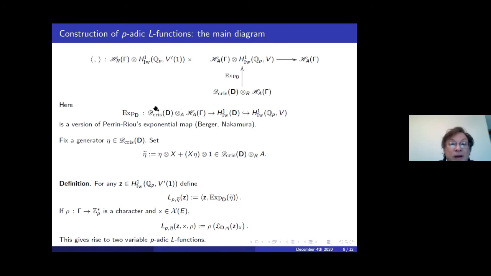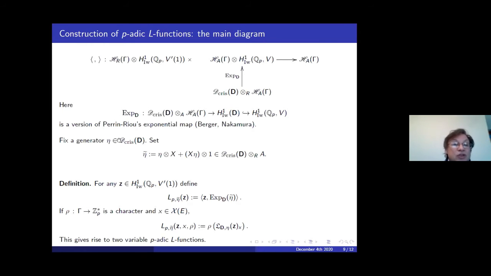In fact, the following construction is a direct analog of Bellaïche's approach to constructing two variable P-Adic L-functions in the theta critical case.